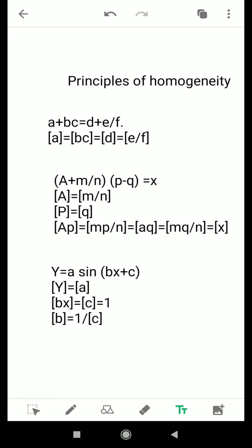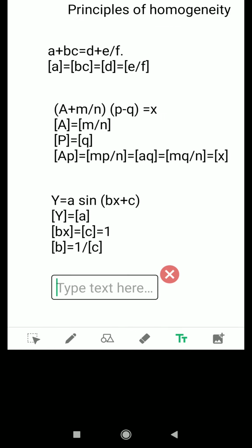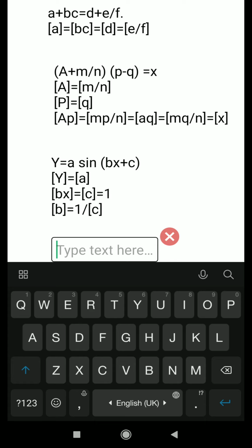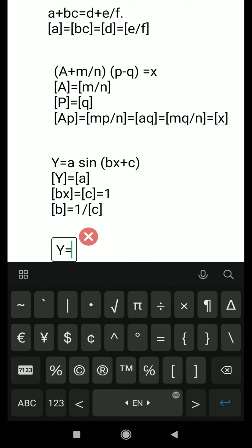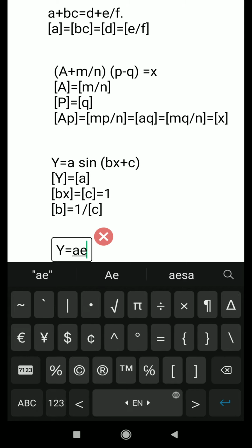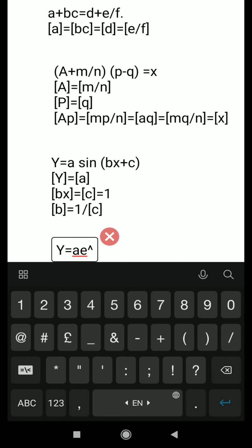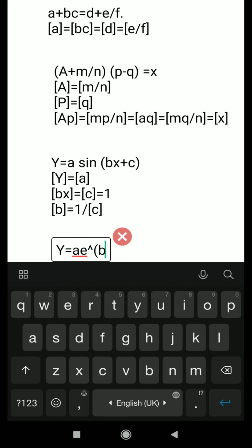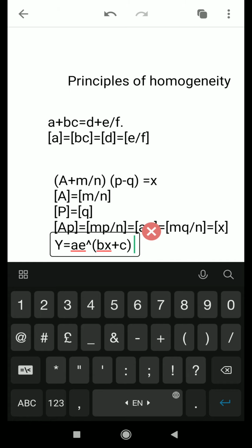I will tell you another equation. Suppose an equation is given such that y equal to a e to the power bx plus c. Clear?